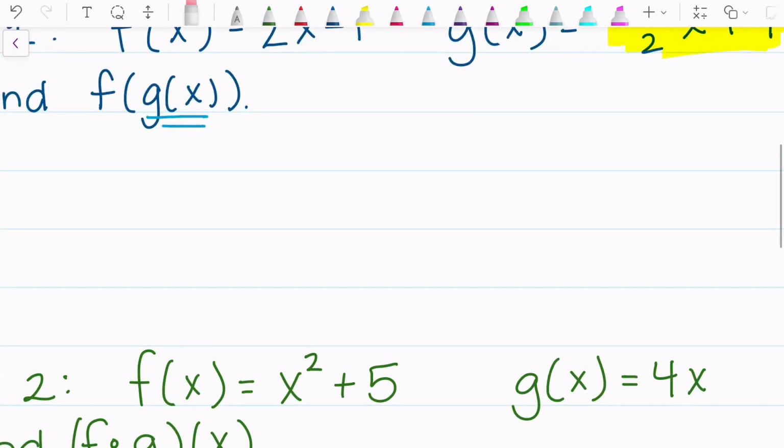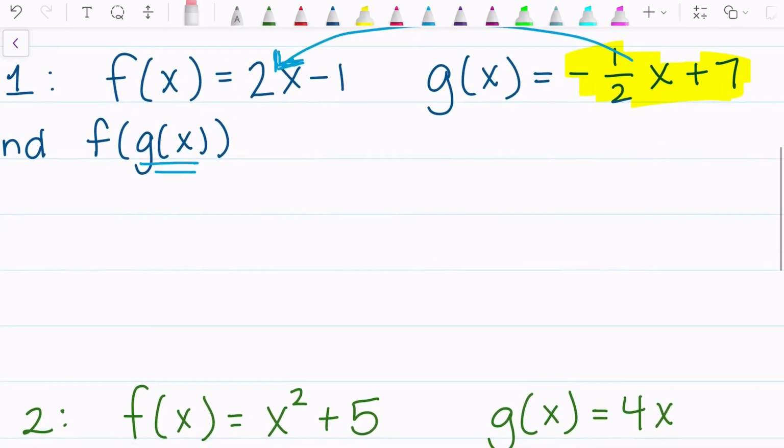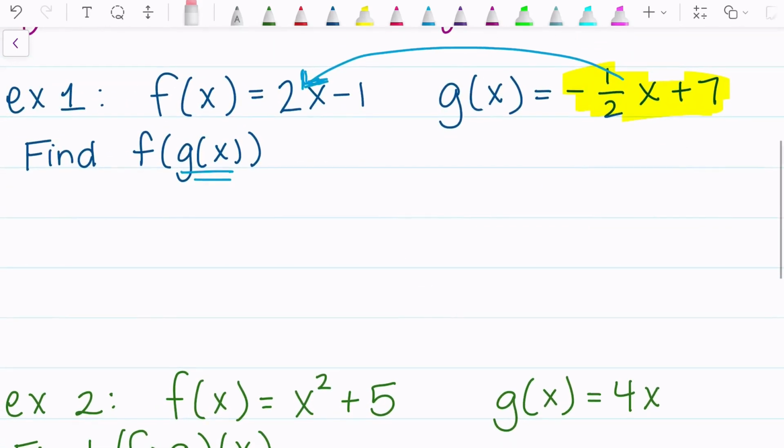So I'm going to rewrite it as 2 parentheses, and put all of g of x's right side of the equation in for x. I took what g of x was equal to and plugged it in place of x.